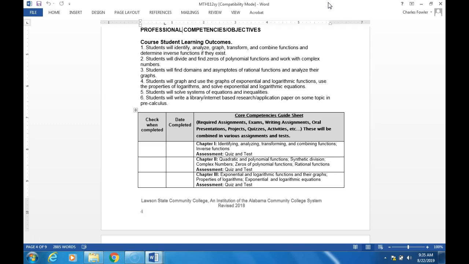Remember, this is the algebra of functions. So that's the focus that we have. And determine inverse functions if they exist. That's all chapter 2. That is one heavy chapter. Okay, that's where we start. And I'm sorry, it's chapter 1 in the old book. It's chapter 2. Okay, chapter 1 will be identifying, analyzing, transforming, and combining functions and inverse functions.